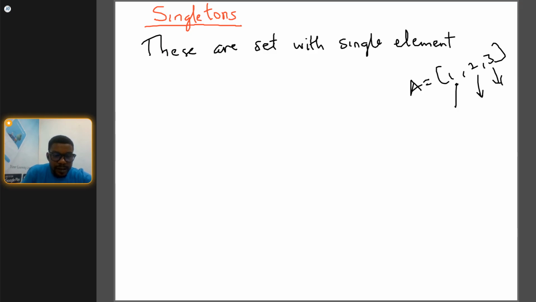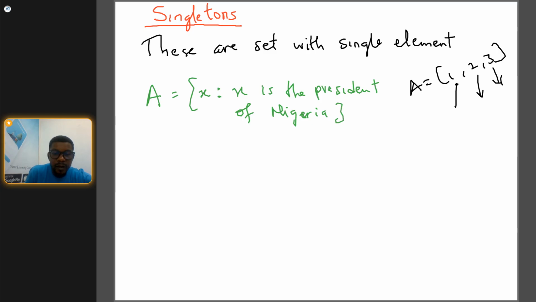Okay, so let's cite an example for that. An example of a singleton set, let's say we have A is X such that X is the president of Nigeria. Who is the president of Nigeria? Your response in the chat box.